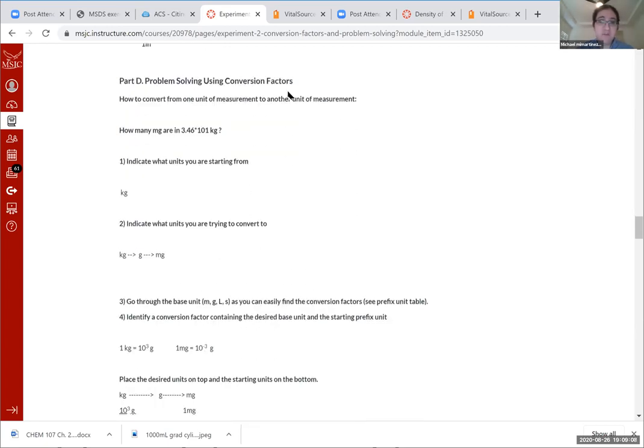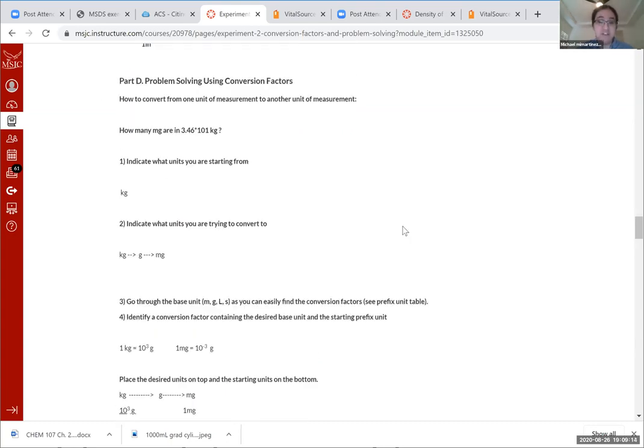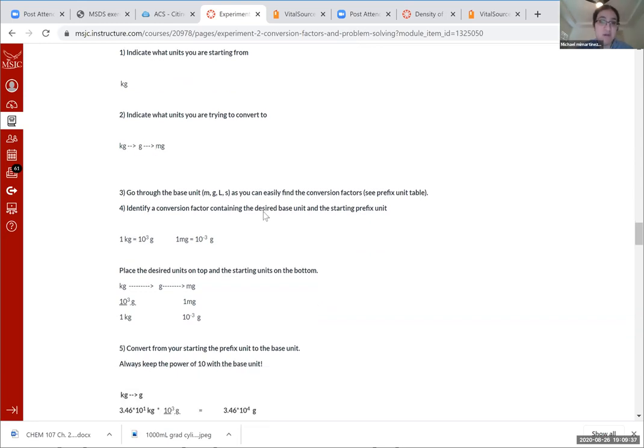Finally, for problem solving using conversion factors, I have a guide on how to perform unit conversions that require multi-step conversions. For example, if we wanted to figure out the number of milligrams in 3.46 times 10 to the first kilograms, we'd indicate our starting units and we'd indicate our final units. You always want to go through the base units, such as grams.